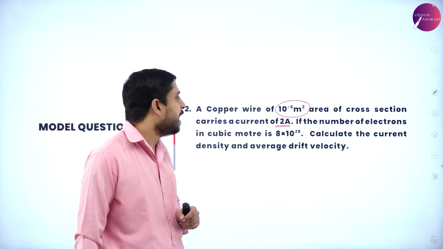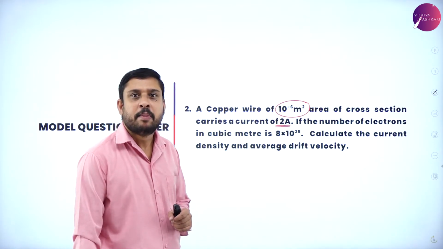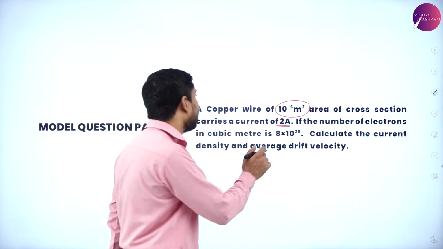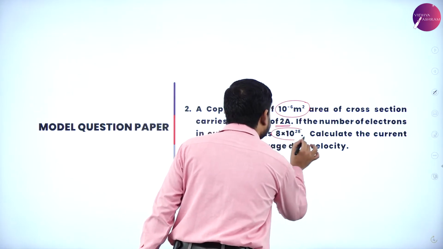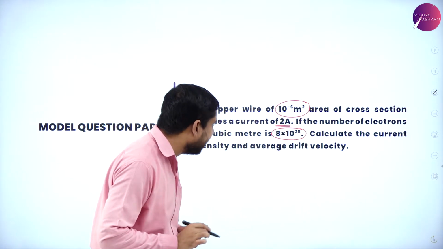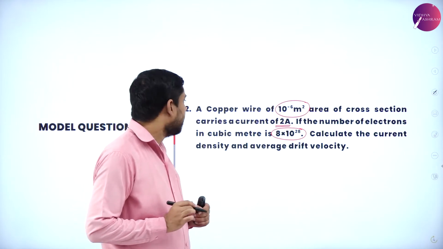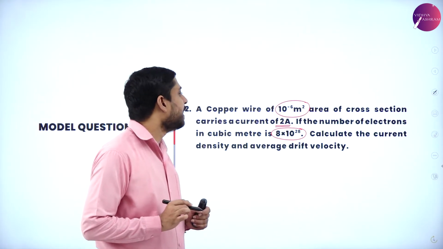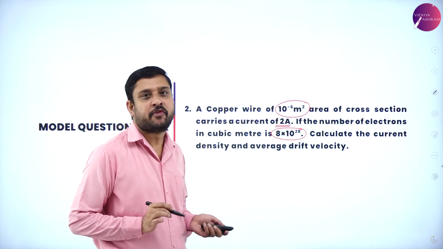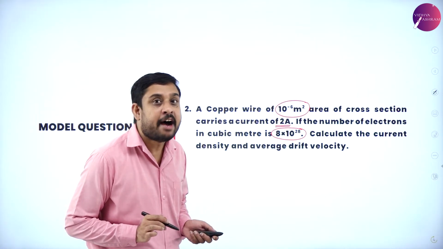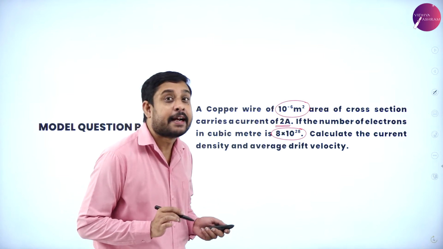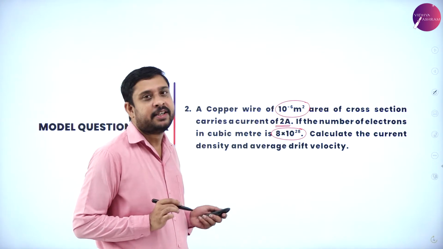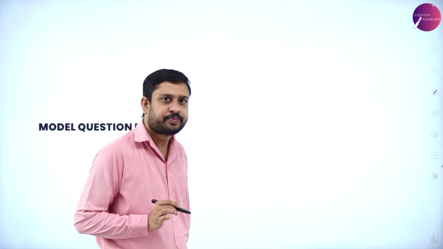If the number of electrons per cubic meter is 10 power 28, calculate the current density and average drift velocity. So I have to calculate current density and drift velocity.